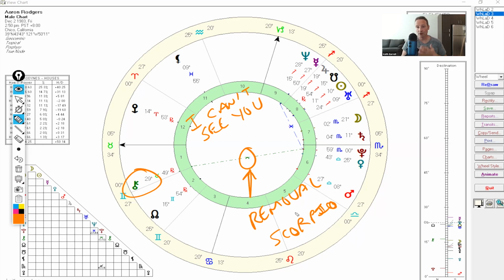Chiron in the first house. First house is literally him, how he projects his energy. Something that was really valuable to him, Taurus, may have been taken away. I would more lend towards that interpretation because this is a Scorpio aspect of that inconjunct, right?